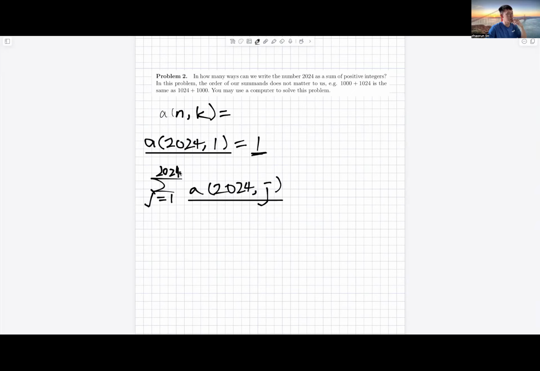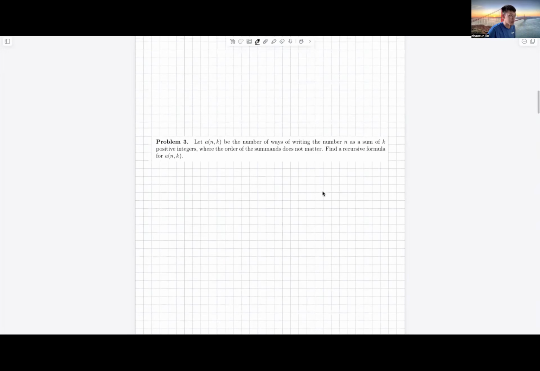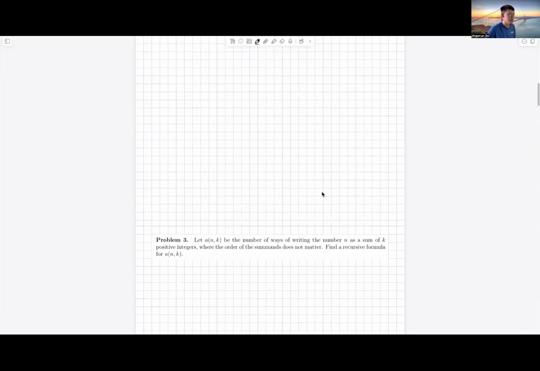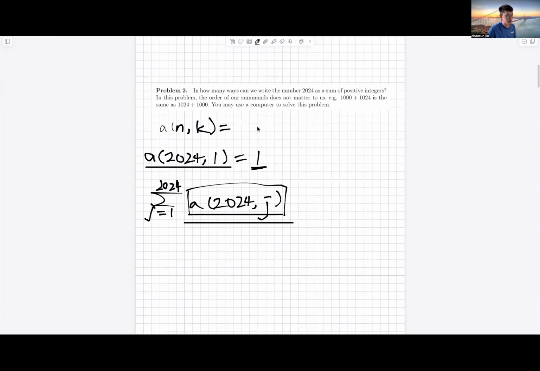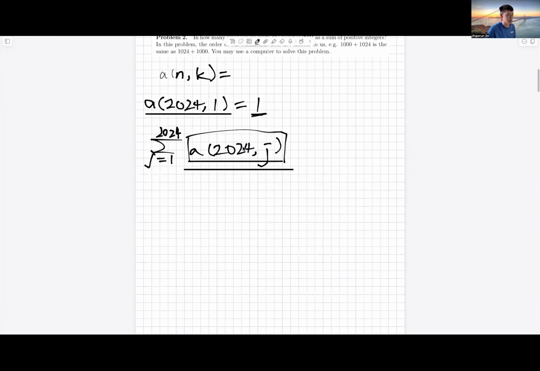So the answer to this question is just this sum. But for this sum, it is actually in question 3. So let me do question 3 first, and then for question 2, we can just use a recursive formula to calculate the sum.